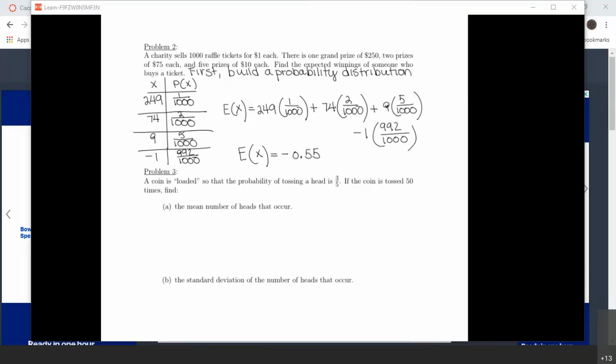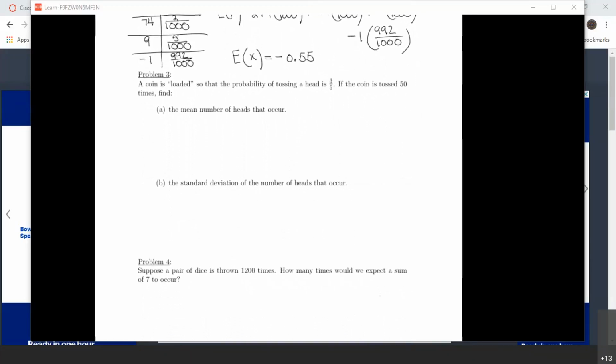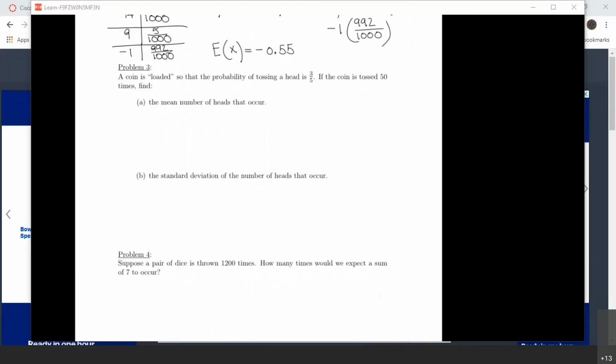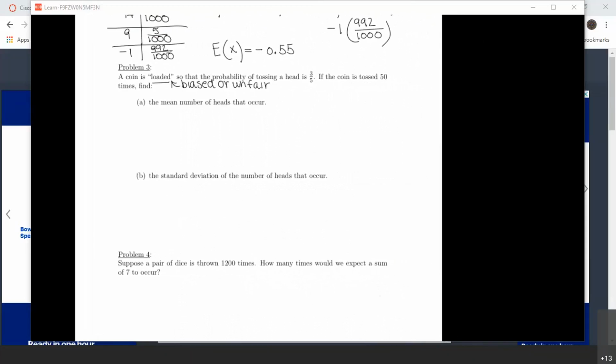All right, let's look at another one. I have a coin that's not fair, it's loaded. This terminology means biased or unfair. Basically it is loaded in such a way that it's far more likely to land heads up.